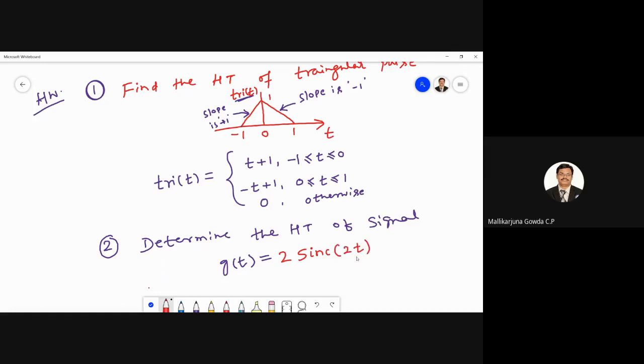I've already done it for sinc of t, the sinc function. Here I've just added a magnitude of 2 and the time is scaled by a factor of 2. These two things you solve at home and try to upload in the GCR today itself.